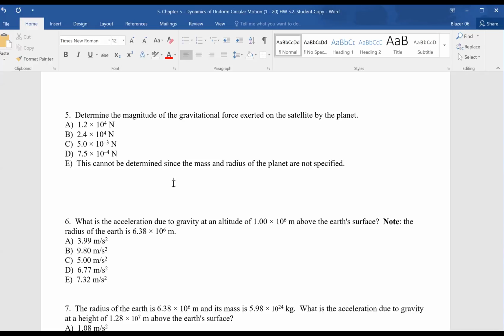Determine the magnitude of the gravitational force exerted on the satellite by the planet. What do you think we should do first? No takers?